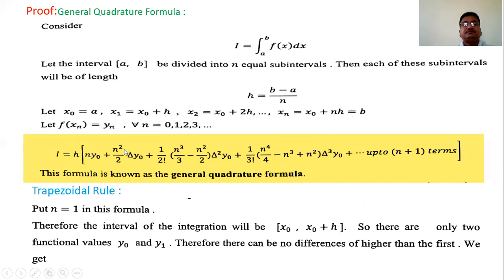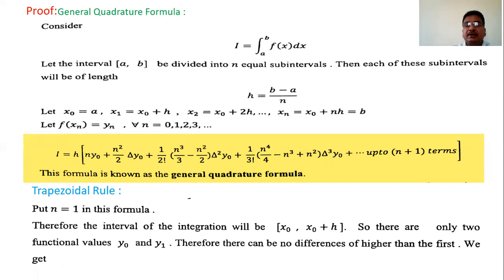Therefore, if the values of y are 2 in number, then what is the last column of the forward difference table? We know that it is delta y naught, or delta f(x). And if there are 3 values of y, then the last column of the table is delta square y naught, or delta square f(x), and further differences are 0.